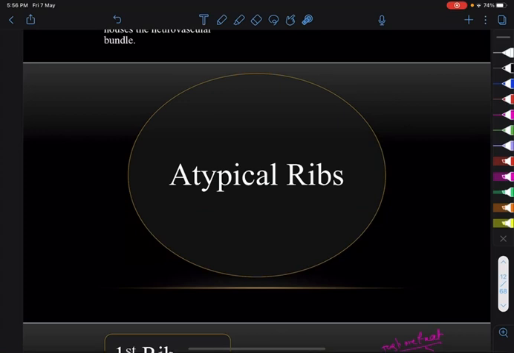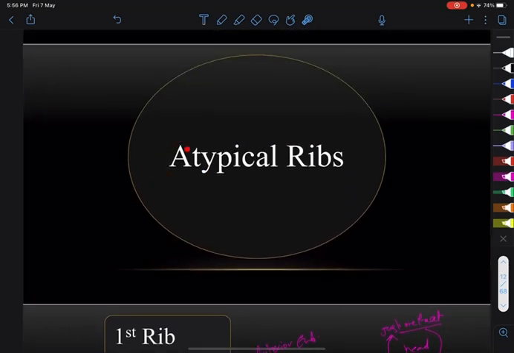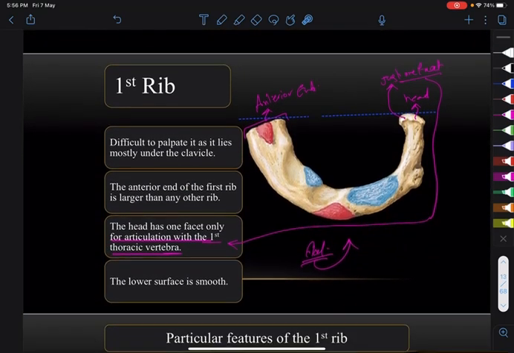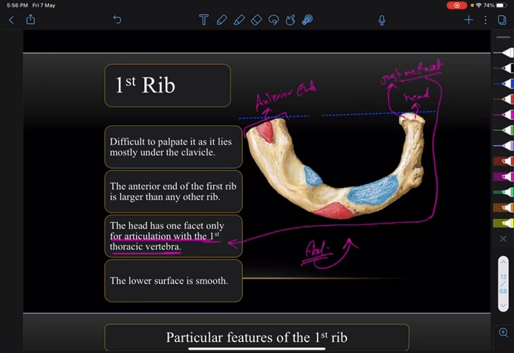We come to the atypical ribs. Atypical, with the A, means negative, that is non-typical ribs. These are 4 ribs: first, second, 11 and 12. The first rib is difficult to palpate, as we said, because it lies mostly under the clavicle.